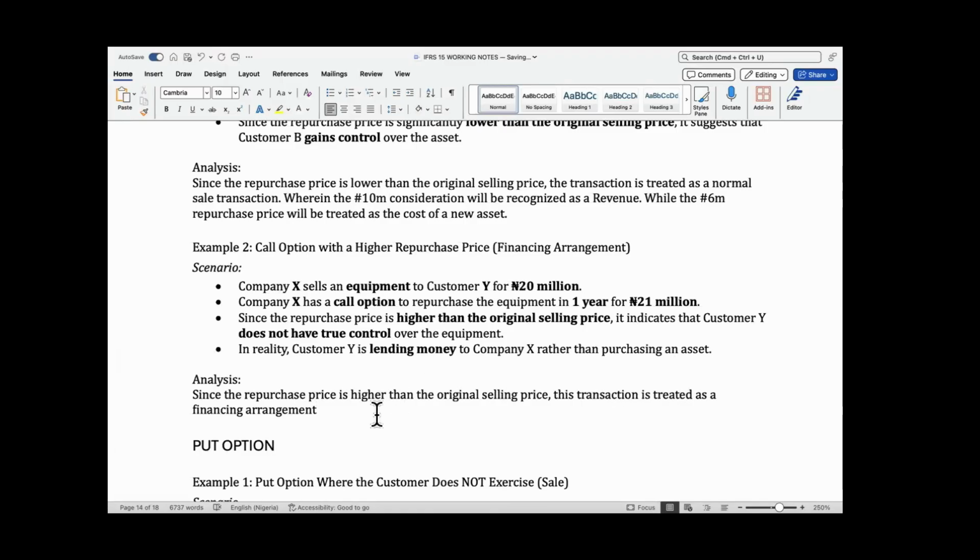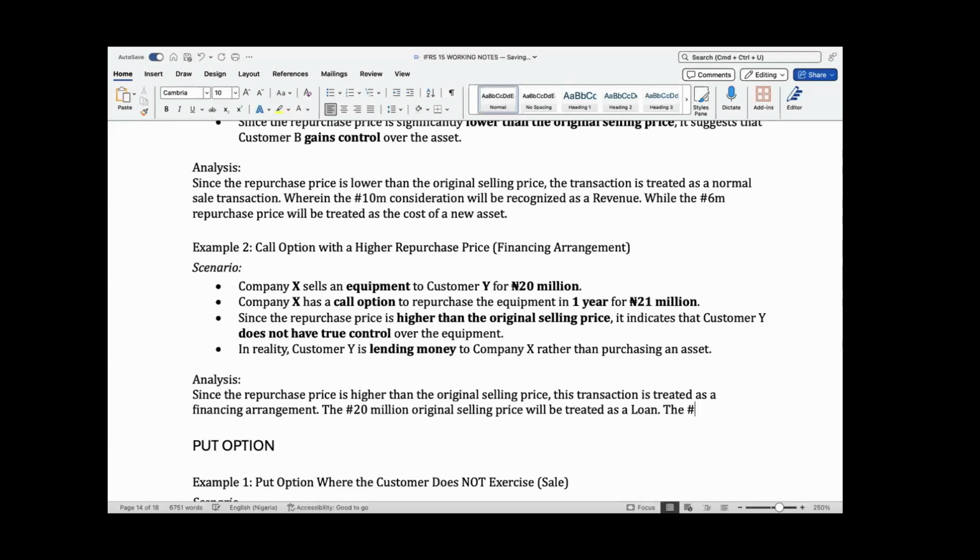Okay. Thank you. So this transaction is treated as a financing arrangement. So that means that the 20 million original selling price will be treated as a loan.